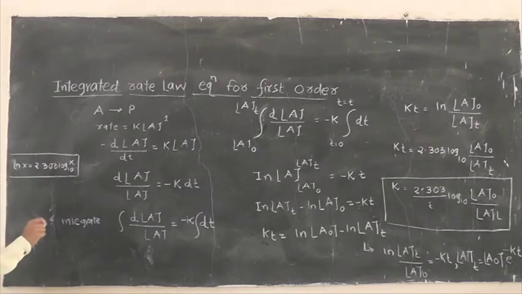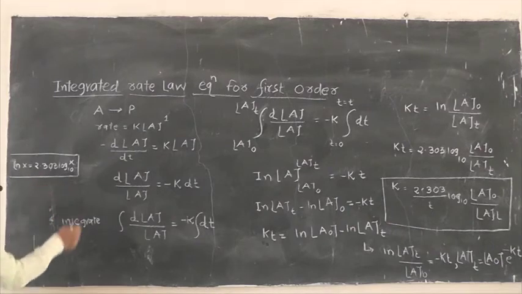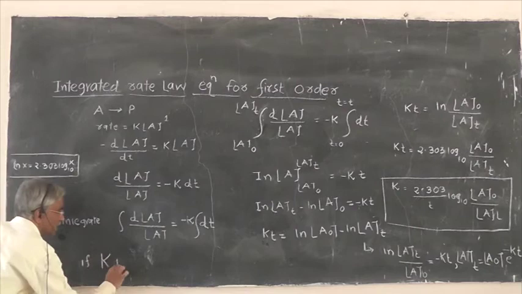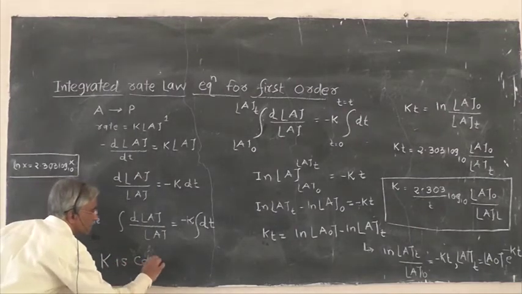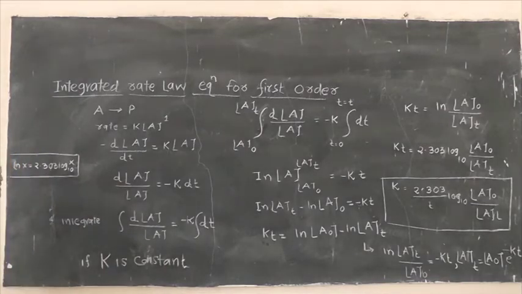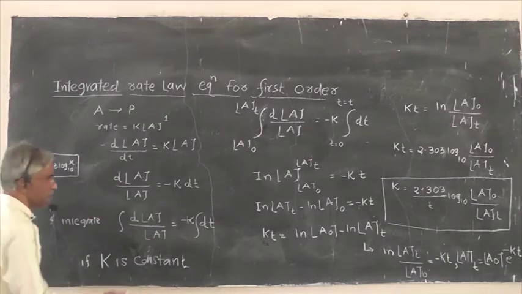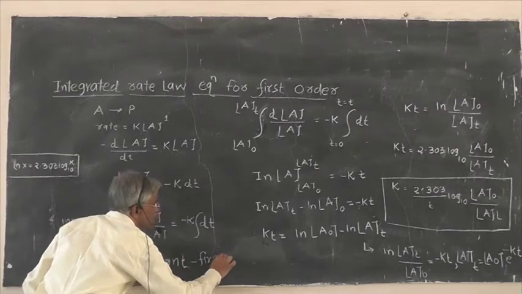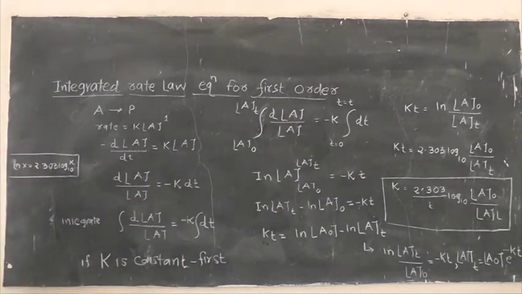So the application of the integrated rate law equation is to calculate the value of k. If k is constant for different concentrations at different times, by this equation it will prove that the reaction is a first order reaction.